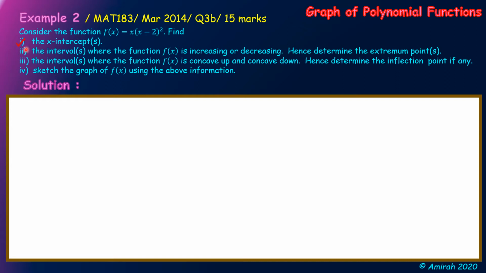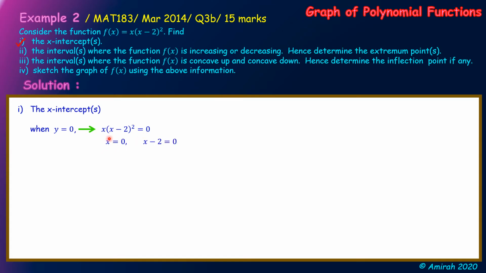Now we start with number 1. Find the x-intercept. To find the x-intercept, we set y equals 0, then we find the value of x. When we set y equals 0, y here means f(x). f(x) is x times x minus 2 squared. We equate to 0, then we find the value of x.